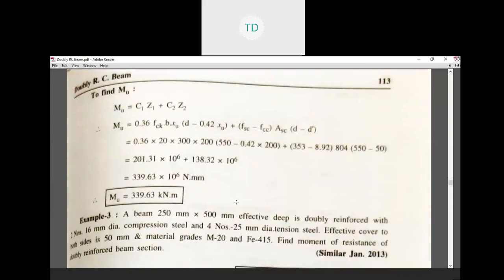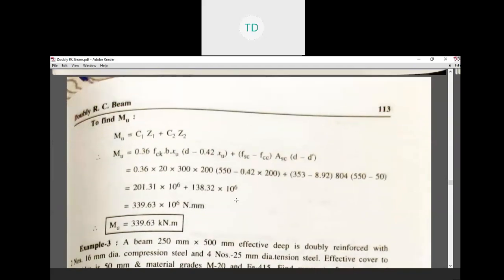That's why we use Mu equal to C1Z1 plus C2Z2. We also know the values of C1Z1 and C2Z2. Put all the data of C1Z1 and C2Z2 into the Mu equation.